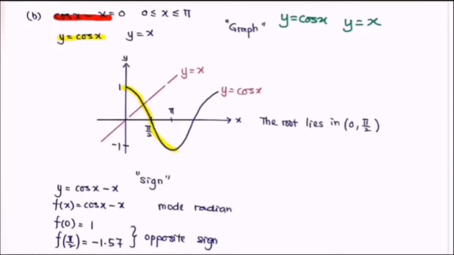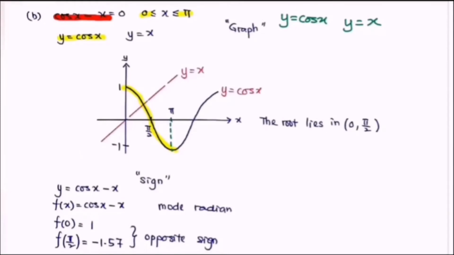So based on the domain, as we can see, sketch the graph based on 0 until pi. So means that we have to stop over here. So meaning that this one is the extra one for the right hand side. Next, what we have to do is to sketch the graph for y is equals to x.